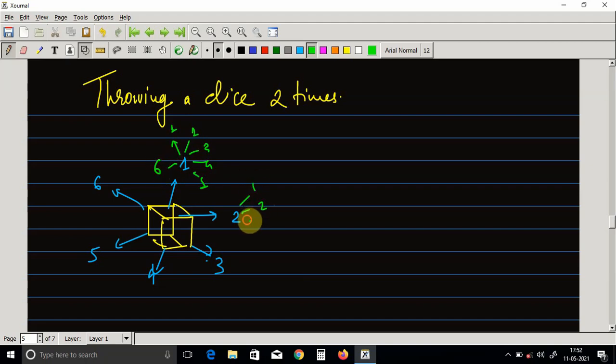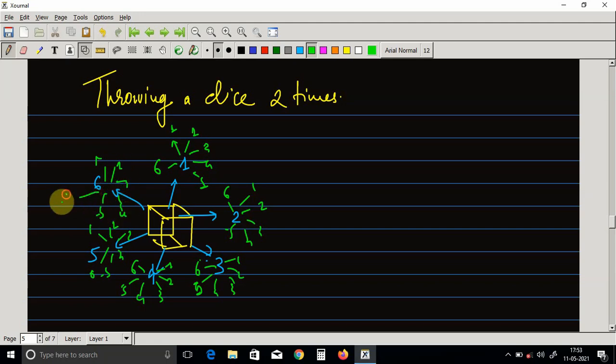Every outcome will have these branches. If you try to list all possible outcomes, you will see that it will be a huge list having 36 elements in it. So n of s here is 36.